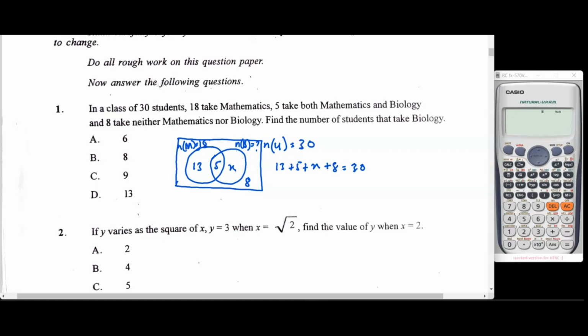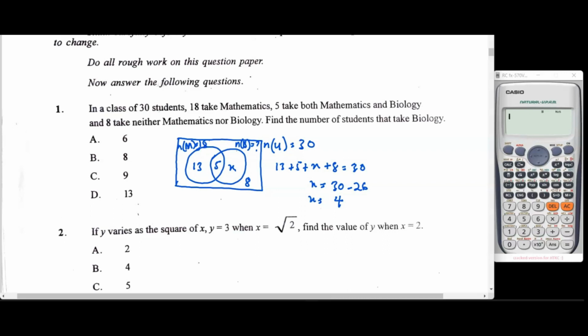Or you could have also done it as 18, which is the circle for mathematics, plus x plus 8, and it still gives you the same answer. So x will be equal to 30 minus 18 plus 8. That will give us 26. So x actually is going to be 4.